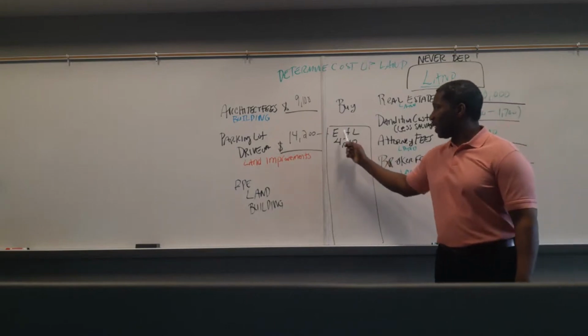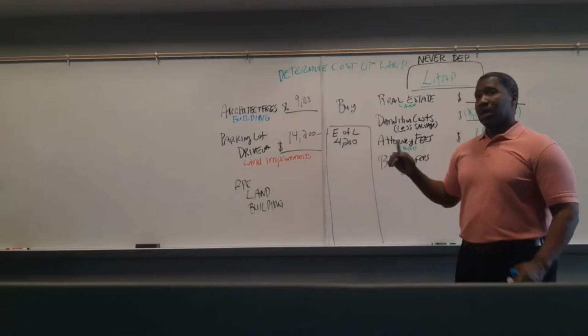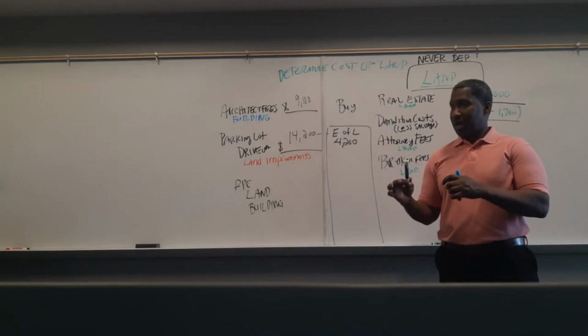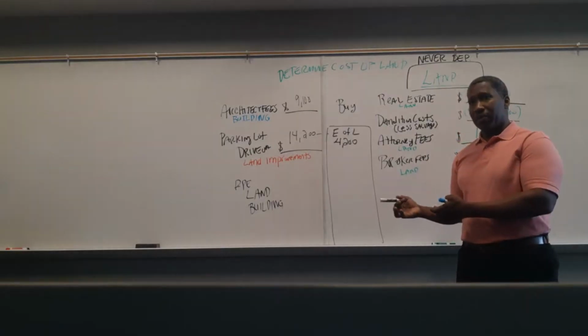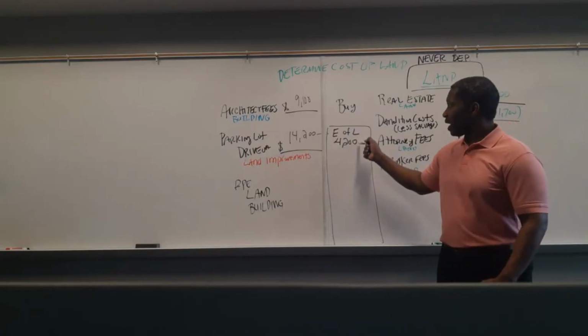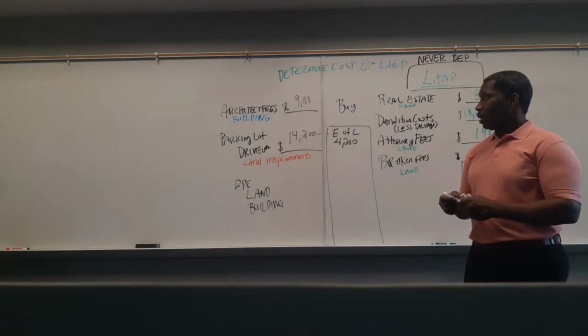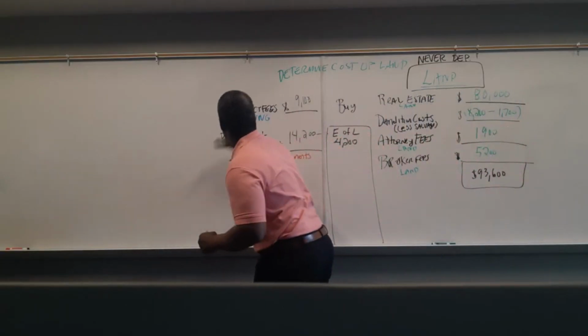But at the end of life, this parking lot will be worth $4,200. We can only allocate the cost of what we're going to use, right? So we cannot allocate or depreciate below $4,200. So to make sure that we understand, I'm going to erase this because I'm going to use this color again.